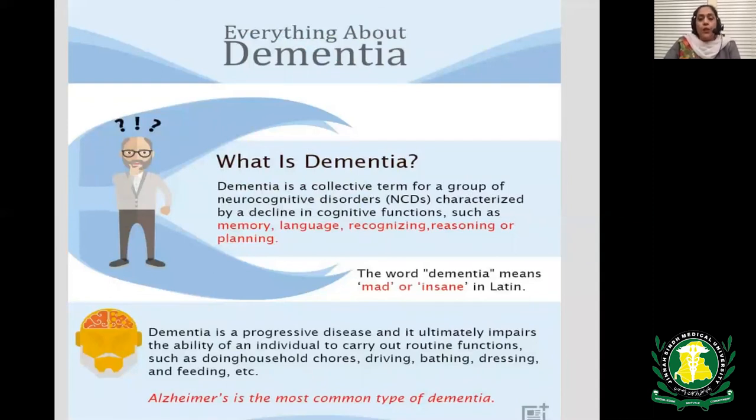The word dementia comes from the Latin, which means mad or insane. It is important to note that dementia is a progressive disease. It impairs the ability of a person to carry out normal routine function, which he or she was used to do to live an independent life. And Alzheimer's disease is the most common type of dementia.